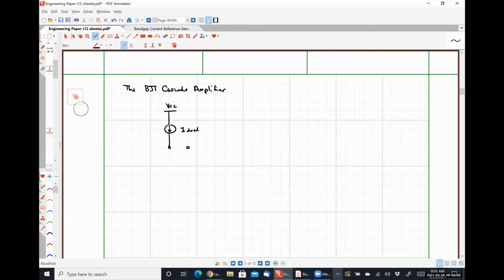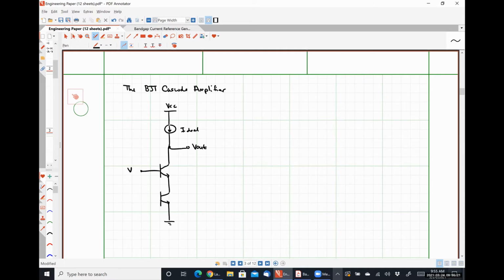And then we'll work on practical current source representations momentarily. But our Cascode amplifier, and specifically drawing here the NPN version, would look something like this.